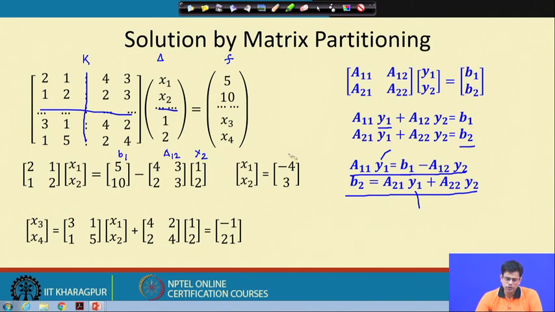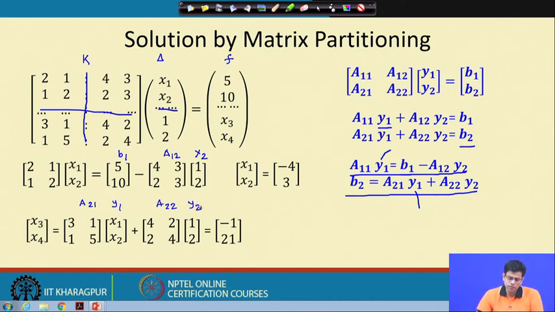Once we know x1 and x2, the force vector, which is unknown at the known boundary condition, x3 and x4, we can find using the block matrices A21 and A22, which act on y1 here and y2.